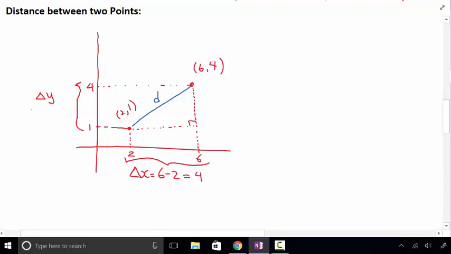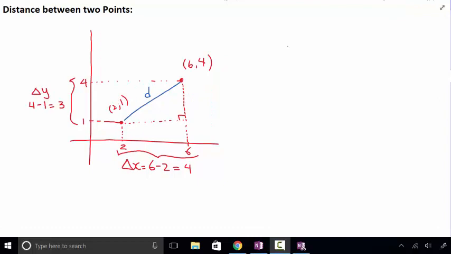And so what I get here is what? 4 minus 1, which is 3. Okay. So all I need to do now is do my distance formula here and then get my answers. Remember, I'm going to use the distance formula.